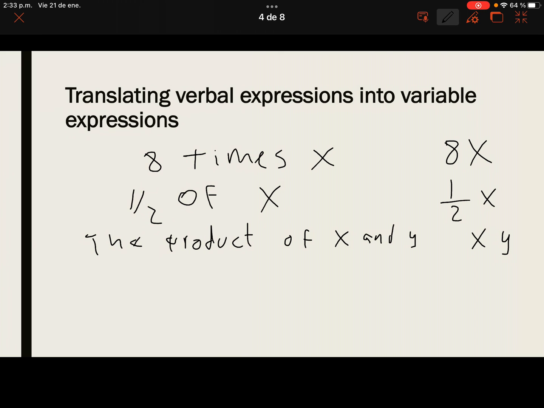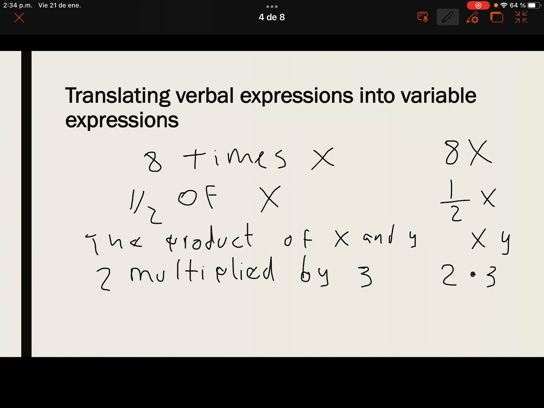Next one, really simple and really usual, is "multiplied by." For example, 2 multiplied by 3 means 2 times 3. In this case, that's 6, obviously.